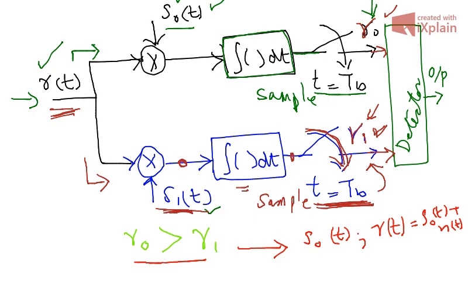Based on r0 being greater than r1, it says that the received signal is S0.